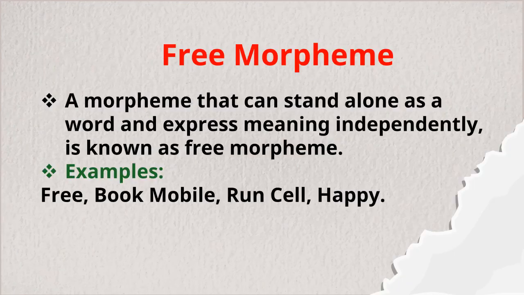A free morpheme is an independent word form that can stand alone and function as a complete word in a sentence. It carries lexical meaning and does not rely on any other element to make sense. For example, the word free is a free morpheme because it can stand alone and convey meaning. Similarly, words like book, mobile, run, sell, and happy can each function independently in a sentence and express meaning on their own. All of these words, and others like them, are examples of free morphemes.